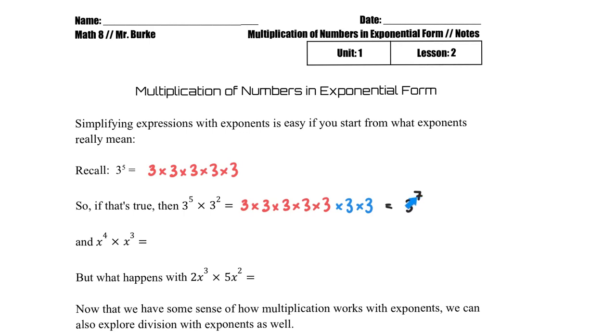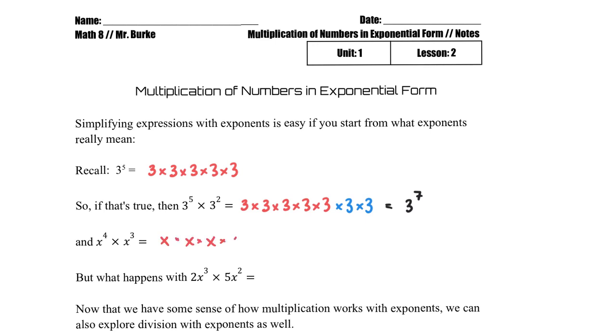So how does 7 relate to 5 and 2? If you add them together, you get 7. So it appears that when we're multiplying expressions with like bases, we're going to add our exponents. Well, let's just make sure that that's true. So let's do x to the 4th, which is going to be x times x times x times x.